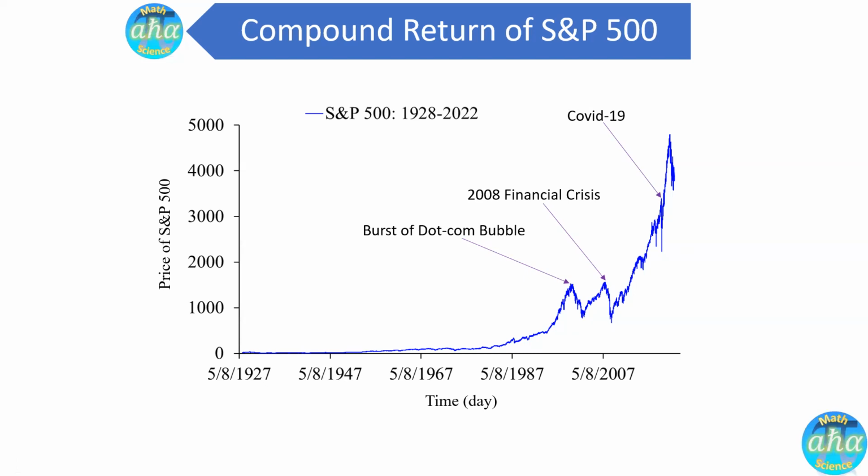Here you can also see the 1987 Black Monday, a so-called flash crash that happened on a Monday in 1987. It just appears as a little bump on the chart. And perhaps the horrendous bear market during the Great Depression around 1929 is hardly visible on this chart.